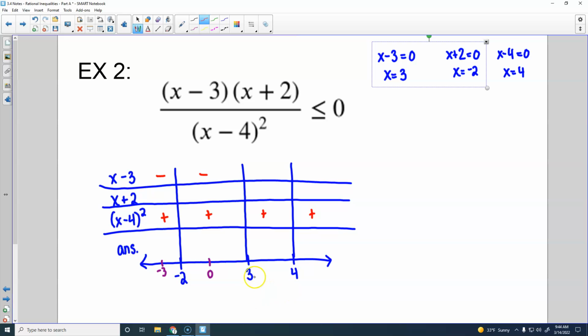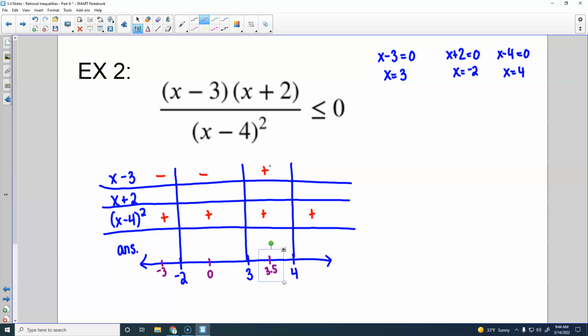Okay, between 3 and 4, probably like 3.5 is the number I'm thinking of there. So if I plug in 3.5, 3.5 minus 3, positive. And then anything bigger than that's also going to be positive, right?